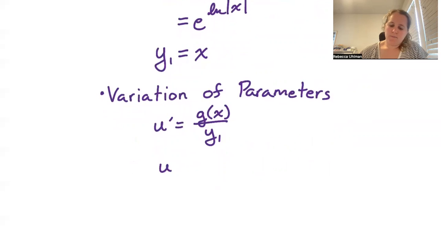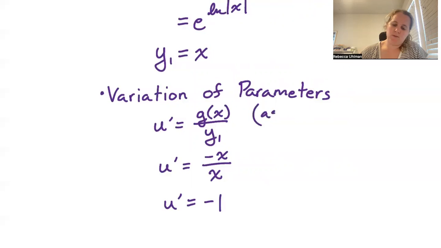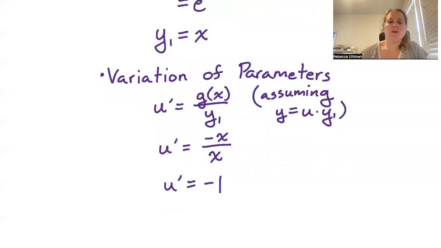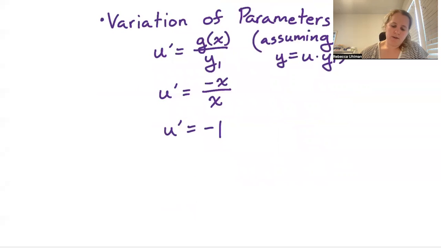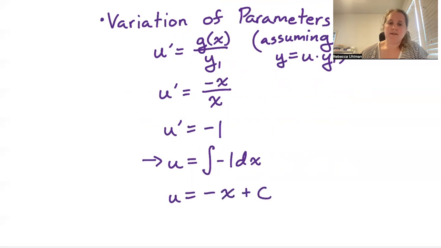So u prime is negative x over x, or u prime is negative 1. So again, here we're assuming y equals u times y1. So our u prime is negative 1. That means u should be the integral of negative 1 dx, or u is negative x plus c.